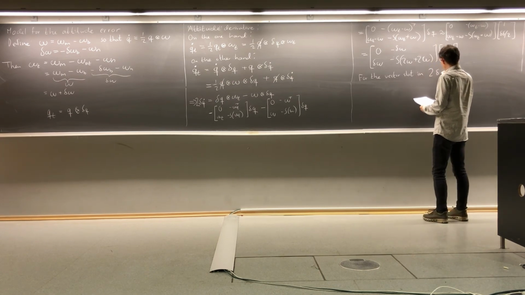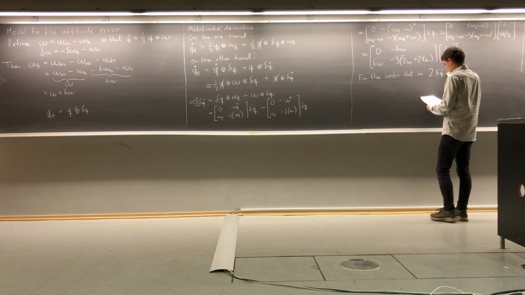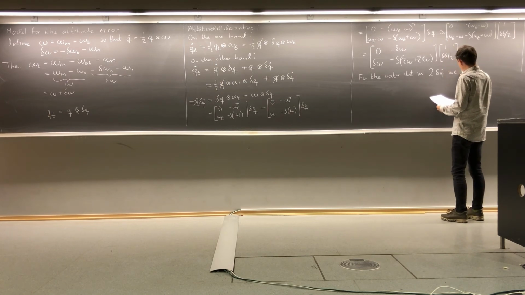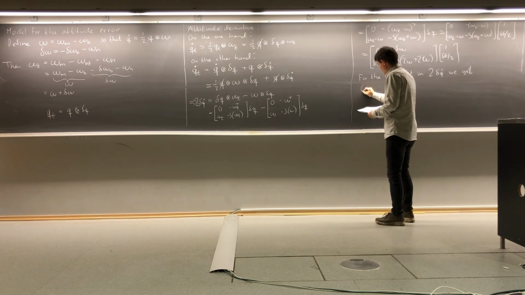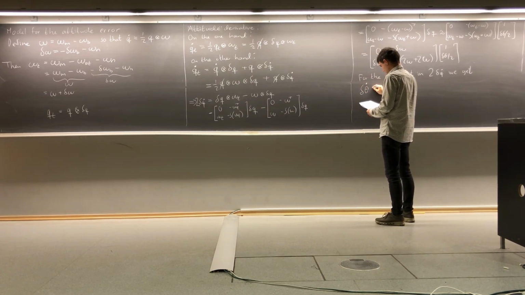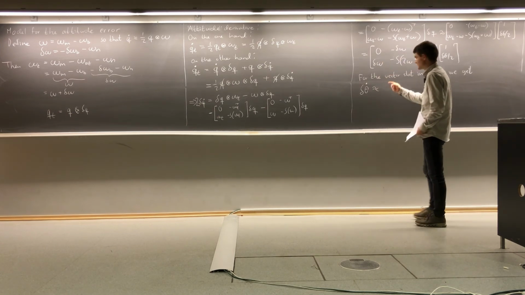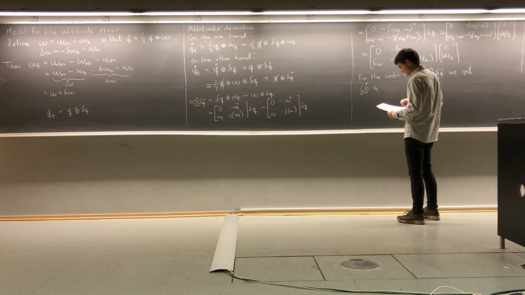So here I have 2 delta Q dot. So what is it that we get there? Well, this should correspond to my delta theta dot. Of course, this is approximative, so I have to write approximation anyway.